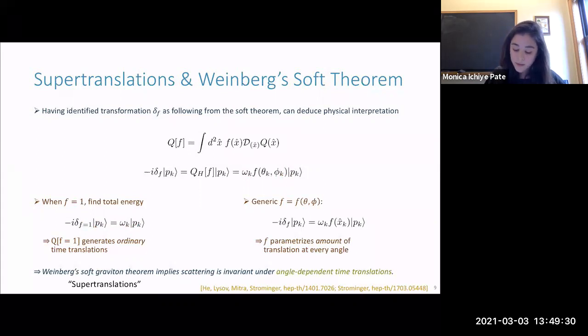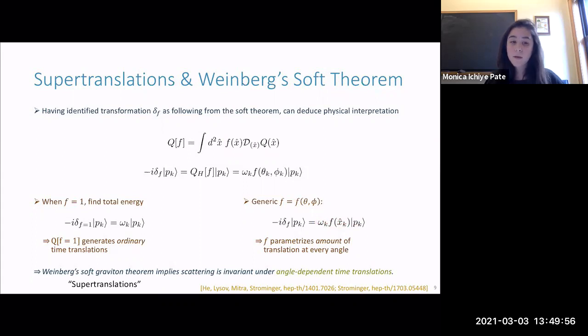Now, on the other hand, if f is an arbitrary function on the sphere, then we find the energy multiplied by that function evaluated at the point towards which that massless particle is propagating. So we can think of f as parameterizing the amount of translation at every angle. Since f is an arbitrary function, there is an independent time translational symmetry at every angle.